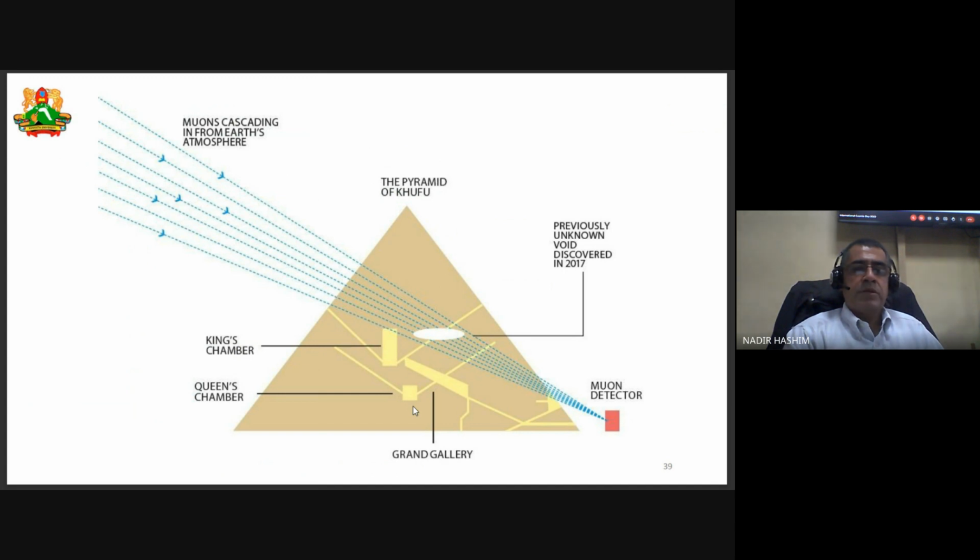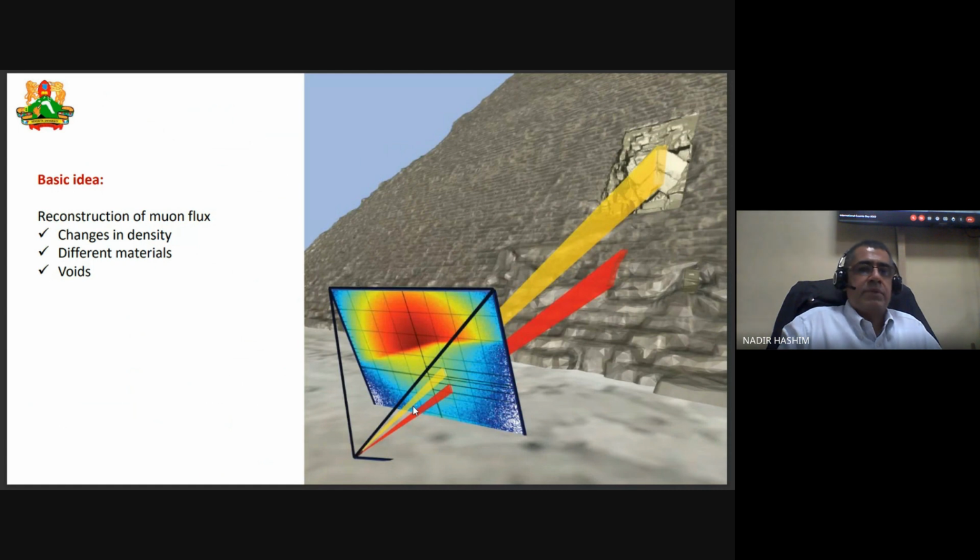Cosmic ray muons provide a non-invasive, non-destructive imaging technique, because cosmic ray muons are always there. It's a beam of particles that is available 24/7, every day throughout the year. Changes in density, different materials, and voids can be seen using cosmic ray muon detectors.